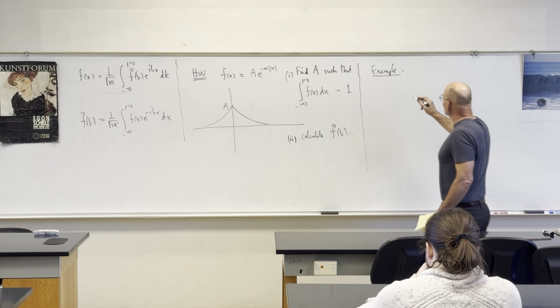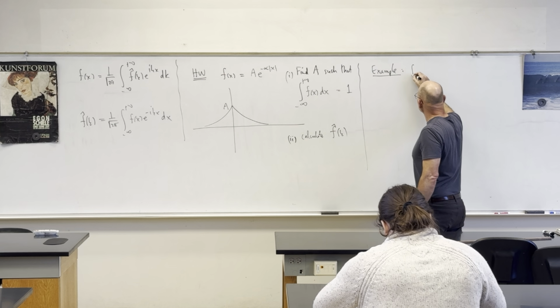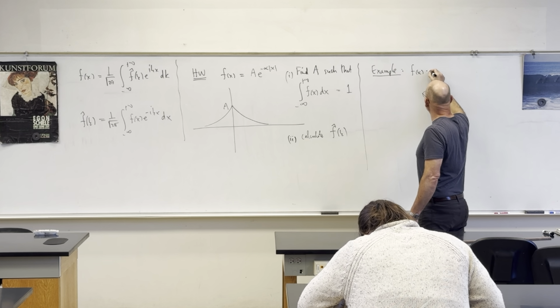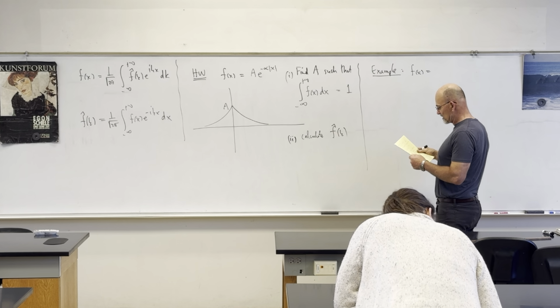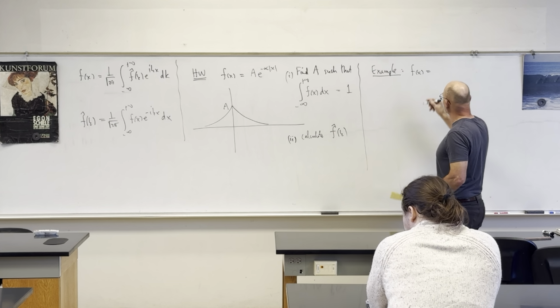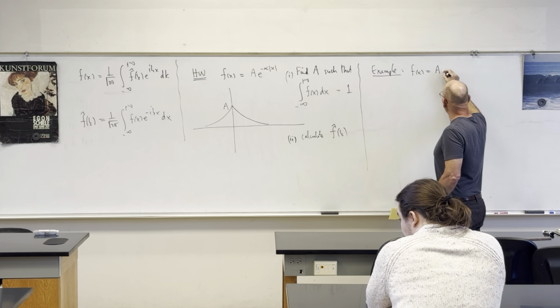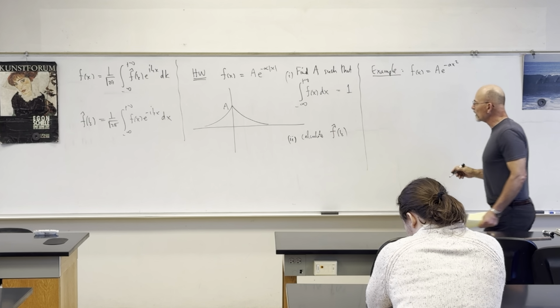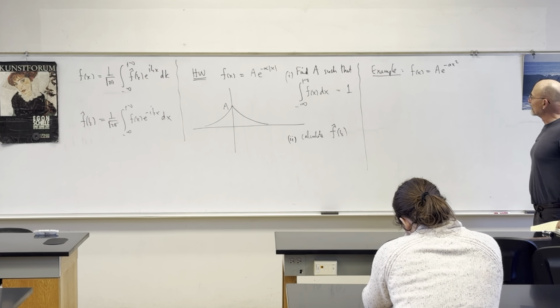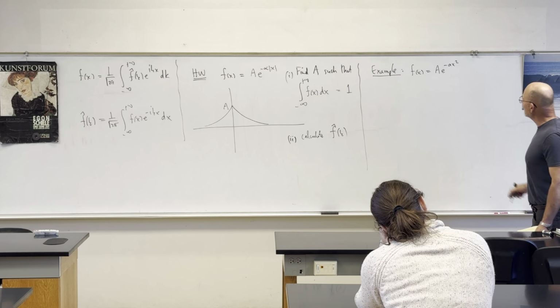Okay, so in our next example, we're taking f of x equal to A e to the minus ax squared. I didn't normalize this one. We want to do the same thing we did on the previous one, but it's a little more involved.